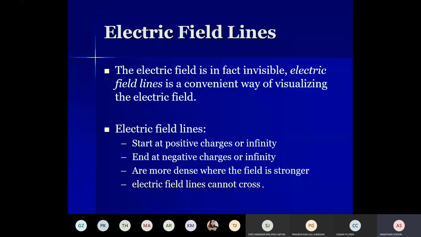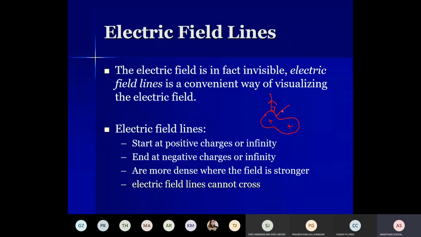Another important one, let me show you here. If you have a non-uniform shape that is positively charged, the electric field lines always come out from the surface, going outward from the positive charge. The field line is always perpendicular to the surface.